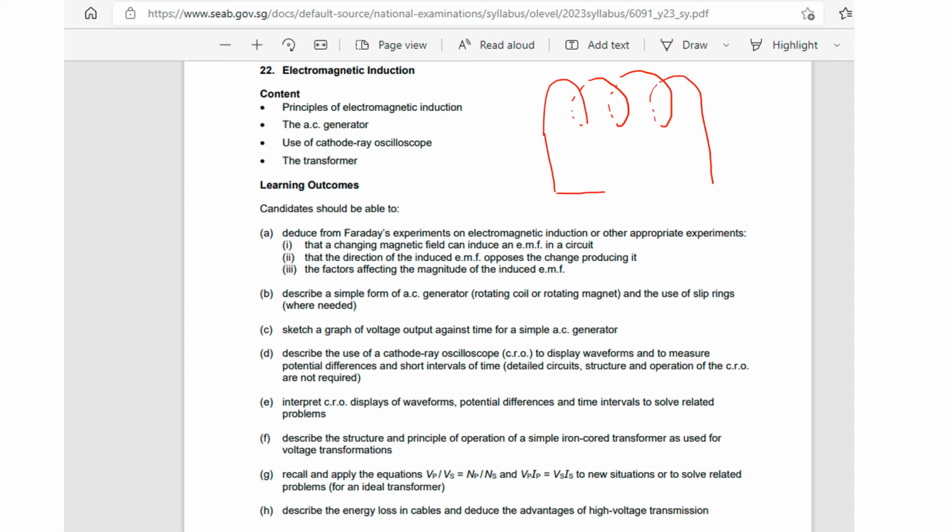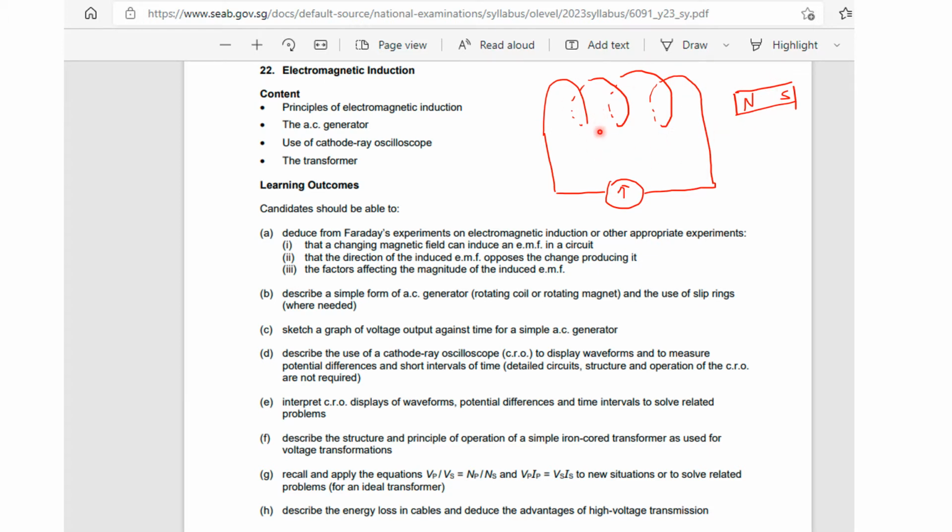So I'm going to connect this to a galvanometer. Now I have a magnet. If I were to just place the magnet here by itself and not move it, there will not be any induced EMF because there's no change in magnetic flux linking this coil here.